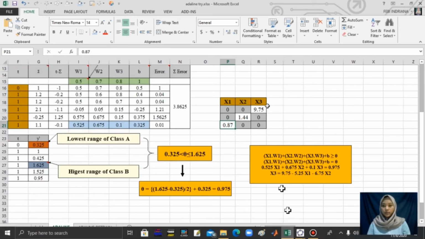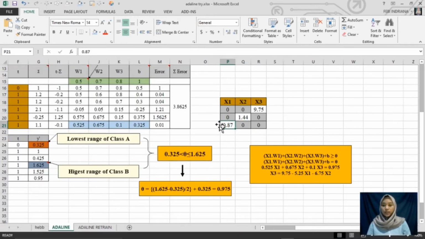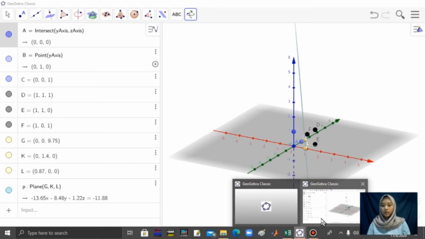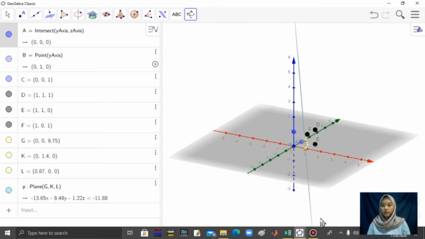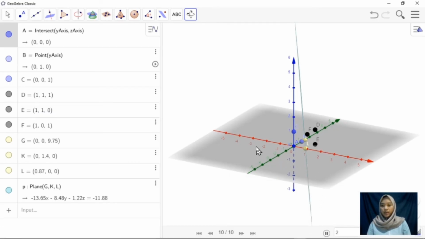If we plot this coordinate, in this case I use GeoGebra Classic for plotting. x1 is symbolized by the red line, x2 by the green line, and x3 by the blue line.